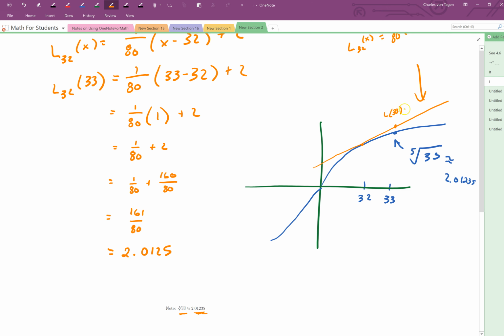And we said that L of 33 is equal to 2.0125. And the idea is that, yes, there is a little bit of a distance between those two answers, and you can see that they're not quite right beyond the thousandths place, but that is close enough. That's what we mean by a linear approximation. So this is the last linear approximation I'm going to do. Now we'll look at differentials.